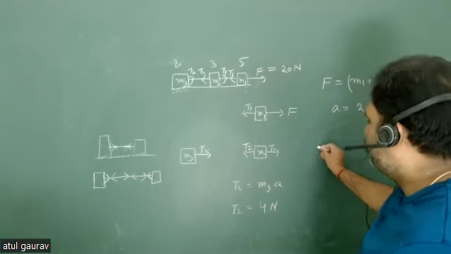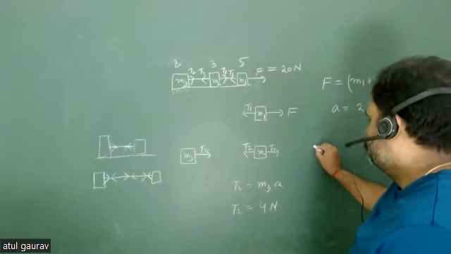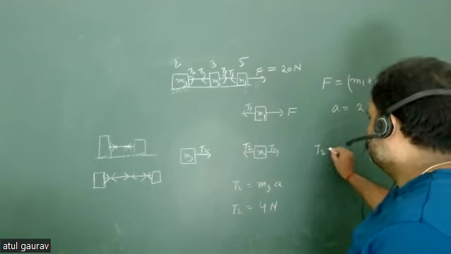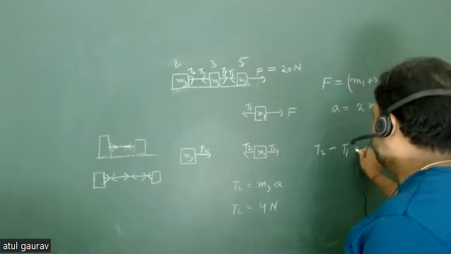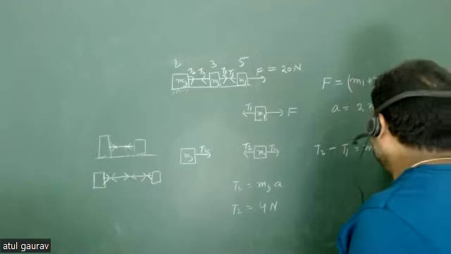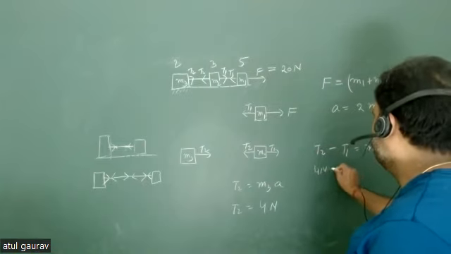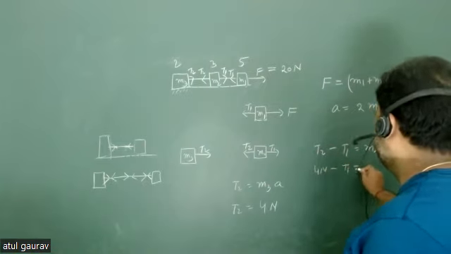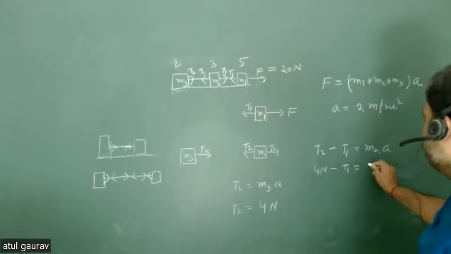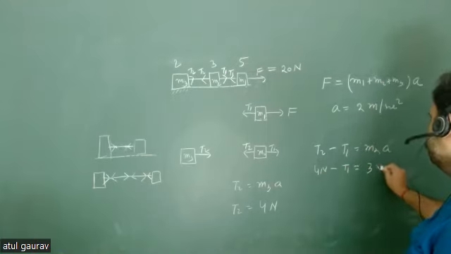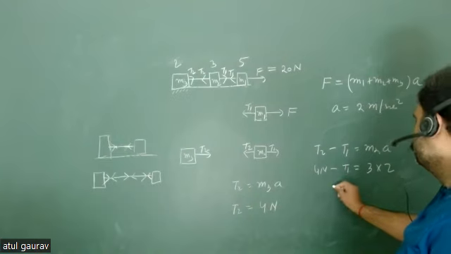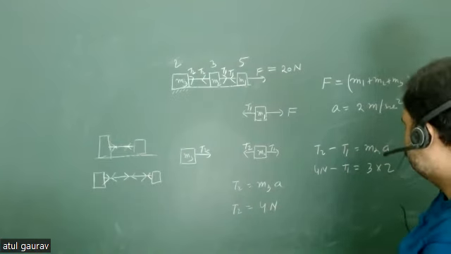And what about this one? Second के लिए देख लो क्या हो जाएगा? So T2 minus T1 is equal to M2A. What is your T2? 4 Newton minus T1. And M2 कितना है? 6 into 2. सही लिख रहा हूँ ना?